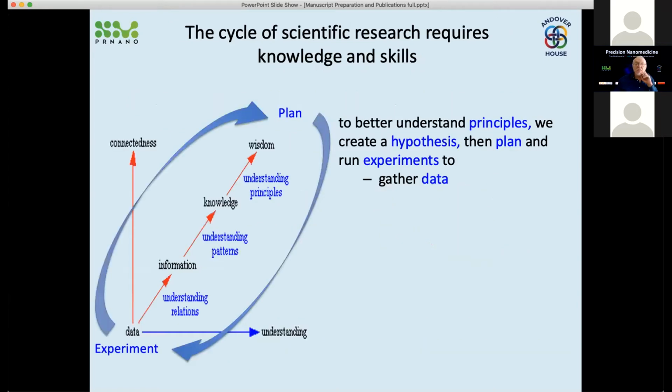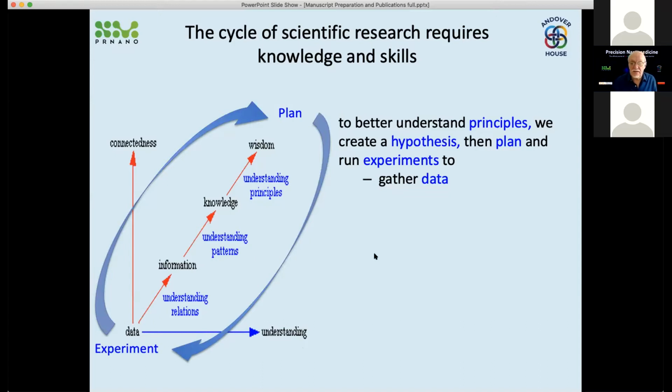The cycle of scientific research requires both knowledge and skills. Skills, what you acquire sometimes during your university years, and most of the time during the first 20 years of your career. How does this cycle work? So you have a plan, do the experiment.